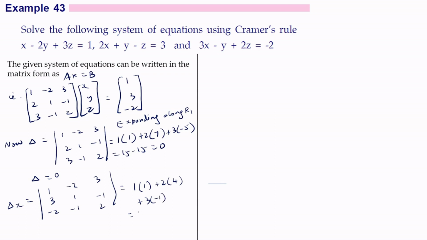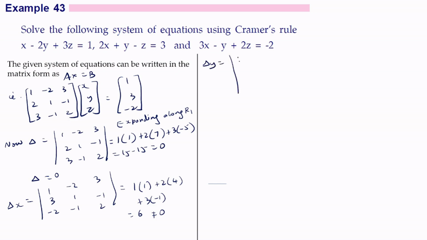So this is 9 minus 3 is 6, which is not equal to 0. So here itself we can see that the given system of equations will not have a solution. It is inconsistent. Let us proceed with finding delta y and delta z.